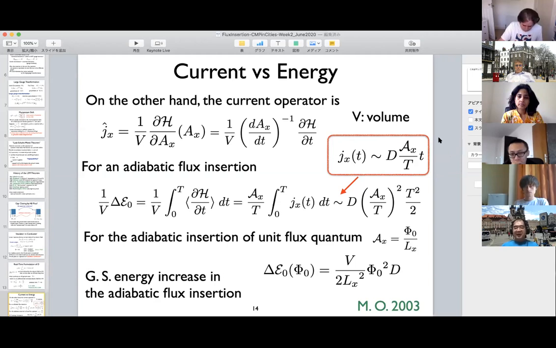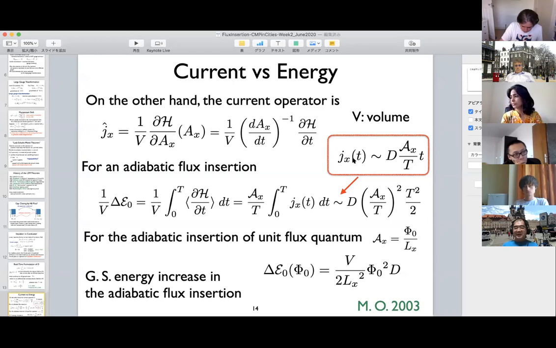But now I assume that the system may have Drude weight. Okay, the system may have a 0 Drude weight, but anyway, if you consider an adiabatic process, then all other components of the conductivity kind of die off, and only this Drude component survives after a long time if you insert a flux very slowly.